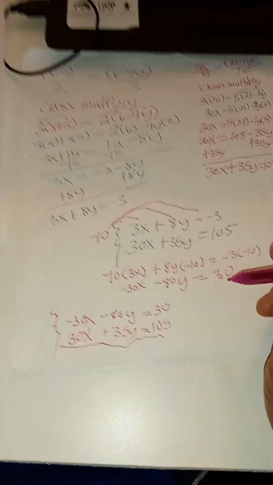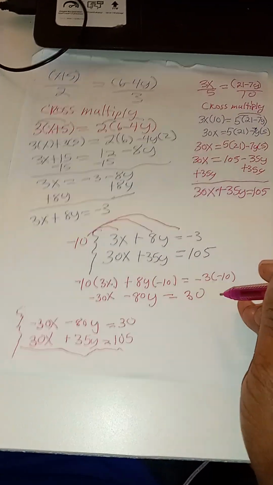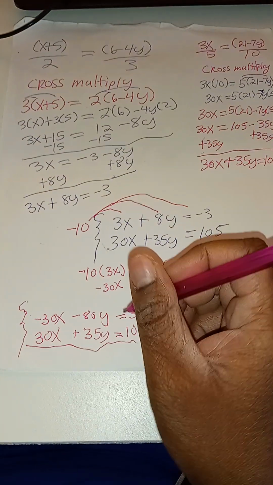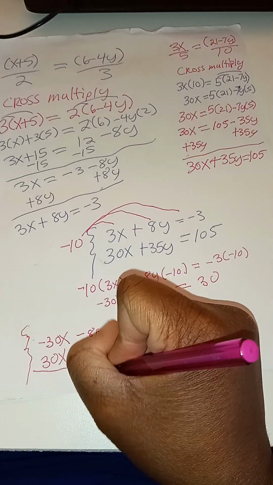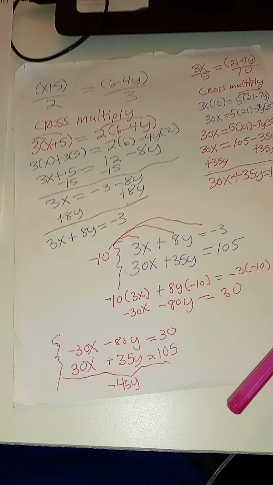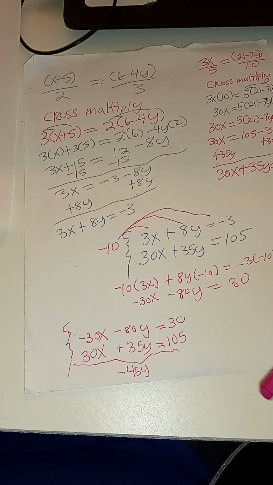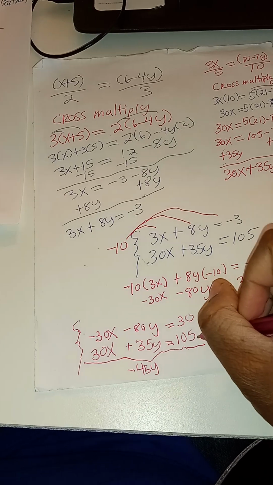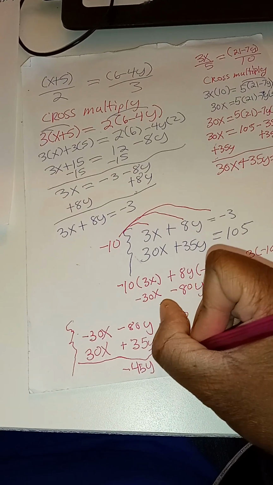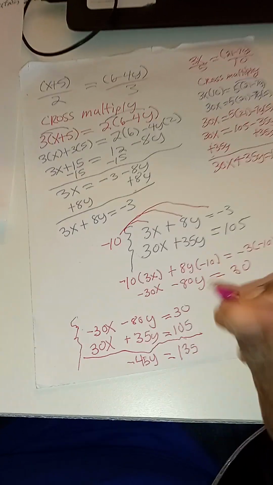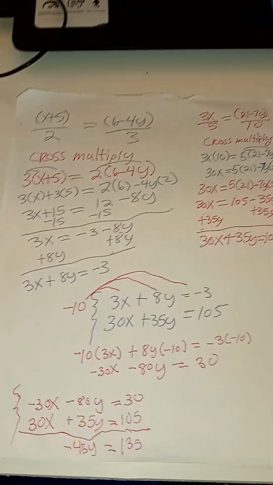Now, negative 80y plus 35y will equal negative 45y. And then 30 plus 105 is 135. So this is going to equal 135. So let's let this marinate for a little bit here, and then we'll move on to the next step.